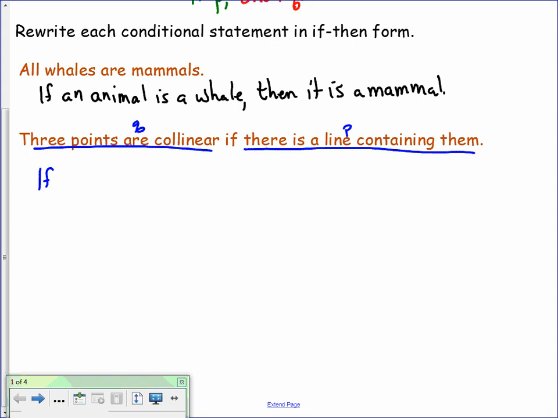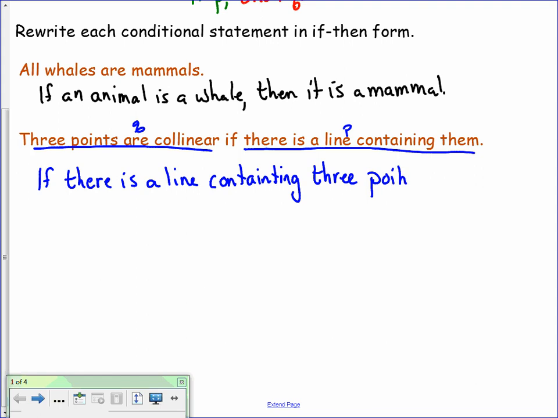So it'll be if there is a line containing 3 points, then 3 points are collinear.